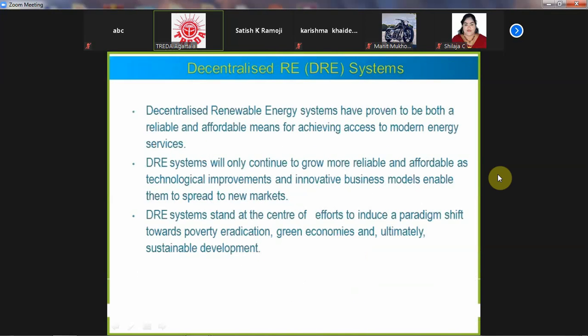The decentralized renewable energy system has proven to be both a reliable and affordable means. This system will also continue to grow as a reliable and affordable technology in the future, and villagers can also create innovative business models.